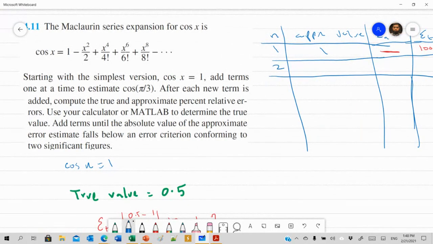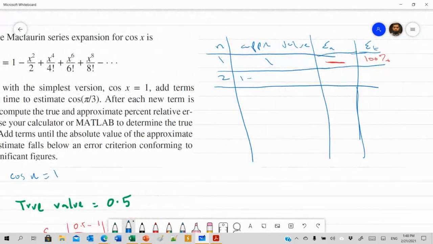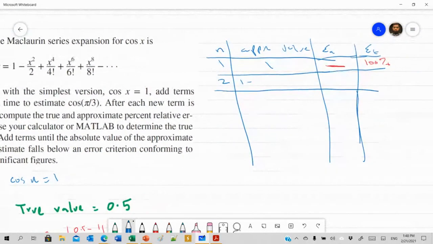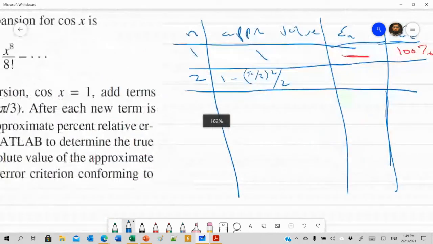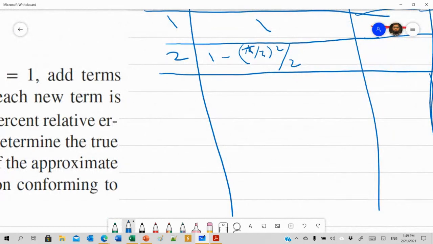we'll include two terms. So this will be 1 minus x square divided by 2, where x is pi by 3. So 1 minus pi by 3 square divided by 2. It comes out to be 0.4517.